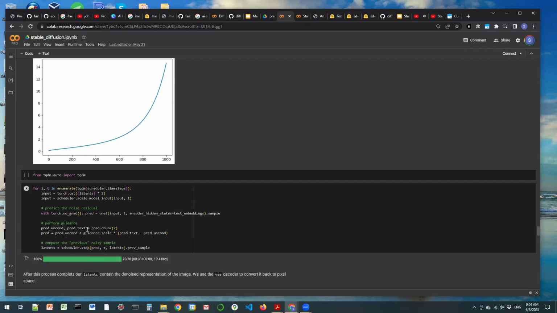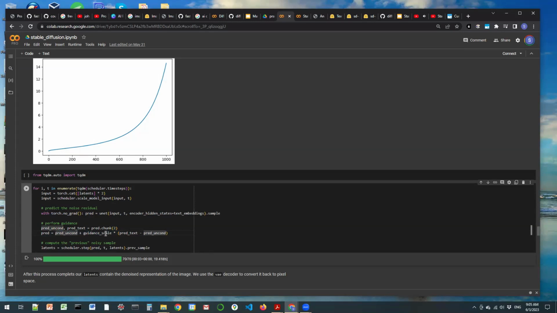That's our prediction. We get two predictions. Remember, we send in two inputs, one is the null input, the other is the prompt input. We extract these two inputs, and then where does the guidance come in? This is where the guidance comes in. So what we do is you use the unconditional input, and then to that we add a scale. That's the scale that the guidance scale number provides, a difference between predicted text and the predicted unconditional.